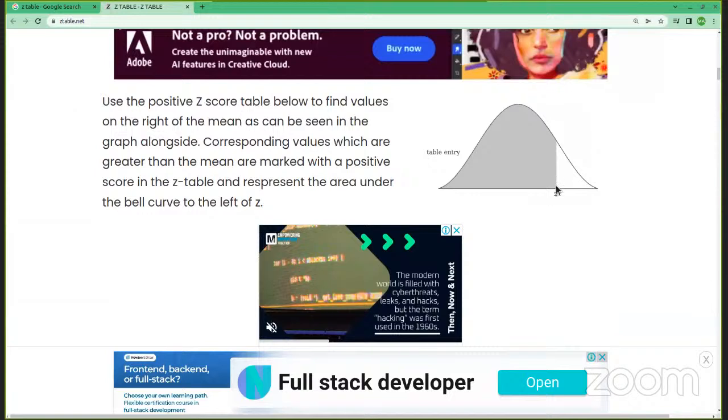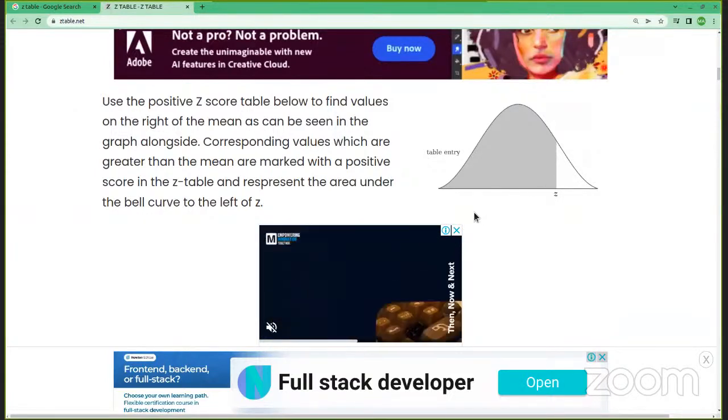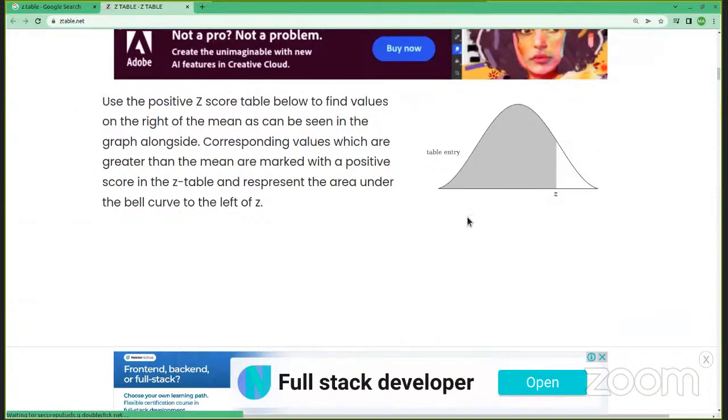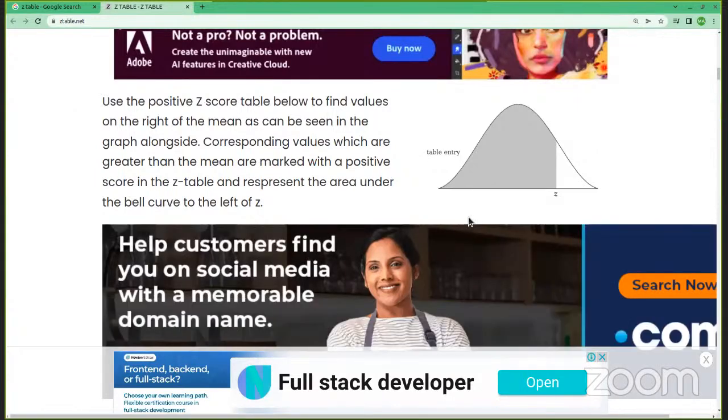Sir, here we are given that 10 by 4 C is greater than Z, right?